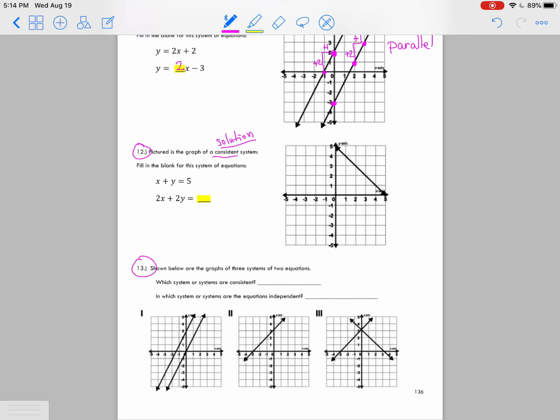You can see there's only one line here, but we know there are 2 lines because it tells us it's a system, so they're the same lines, right? These equations don't look the same, but this one is simply multiplied by 2. So if we multiplied this first one by 2, the second one would just be a 10 there.